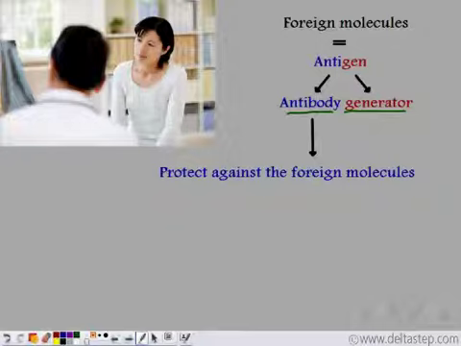But we have discussed that white blood cells protect us from these foreign molecules. So, what are these antibodies? Well, there are certain white blood cells present in our body which secrete these proteinaceous molecules known as antibodies that provide protection against the foreign particles.